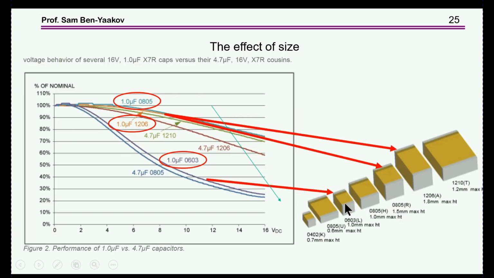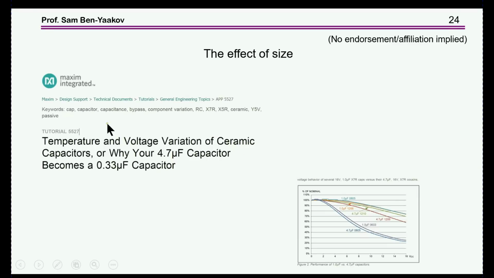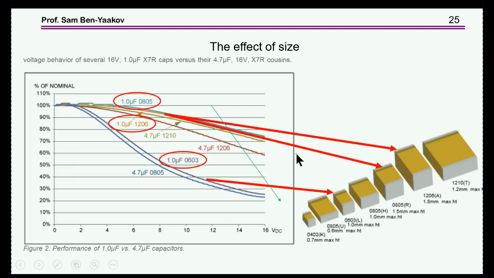So here it is. This is from a very nice little paper by Maxim, credit to them. And what we see here is amazing. We just talked about the change of capacitance with voltage, and here it is.